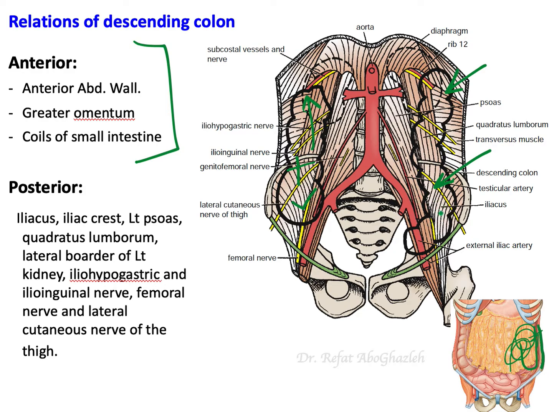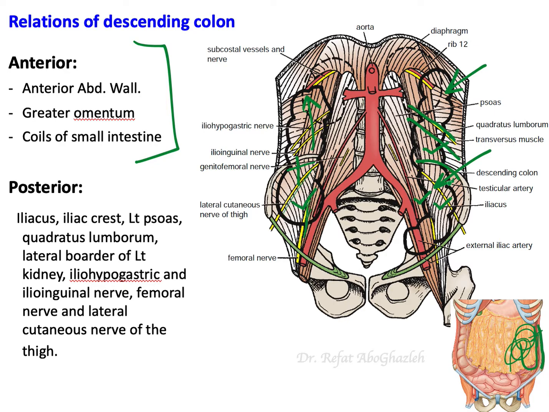So it would be the iliacus and the left psoas muscle, quadratus lumborum, iliac crest, and you see here also the iliohypogastric and ilioinguinal nerve. Also back here inferiorly, you remember the cecum is related to the lateral cutaneous nerve of thigh and femoral nerve.